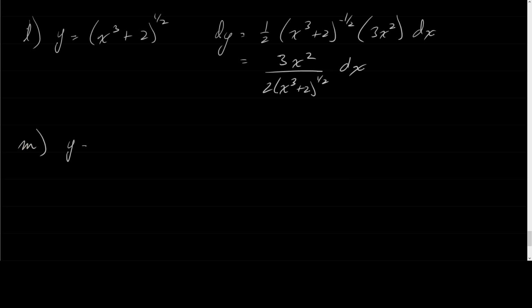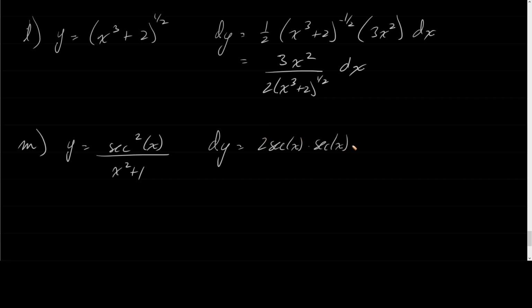If I have, I don't know, secant squared of x over x squared plus 1, then what would dy be? Here now I need the quotient rule. The derivative of the top is 2 secant x times secant x tan x, because I have something squared, so bring the 2, and then by the chain rule times all that.